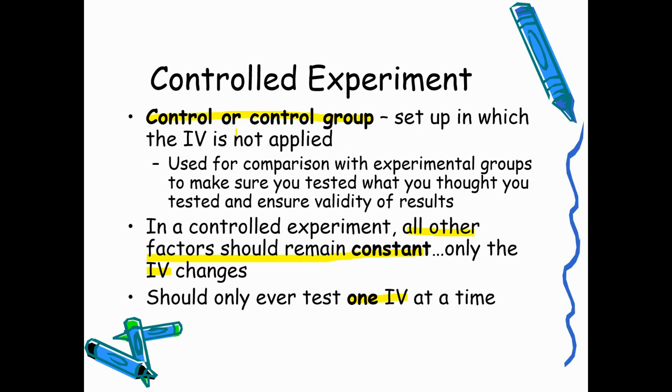There just can't be a salt concentration in it, because that way, if that plant survives, but then my 10, 20, and 30% don't do well, then I can say that there's a negative effect of salt on the plants. But if all 4 of my plants either don't grow or they grow the same, then I know it has nothing to do with the salt, okay? So I have to have one where the independent variable is not applied, so that way I have a comparison.